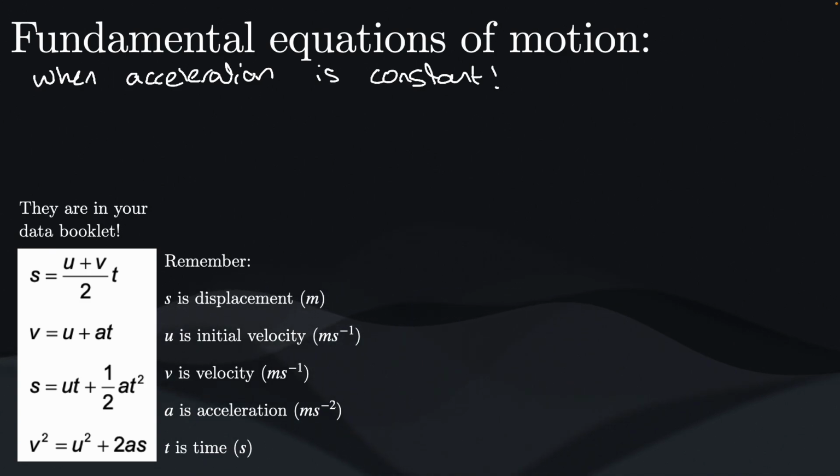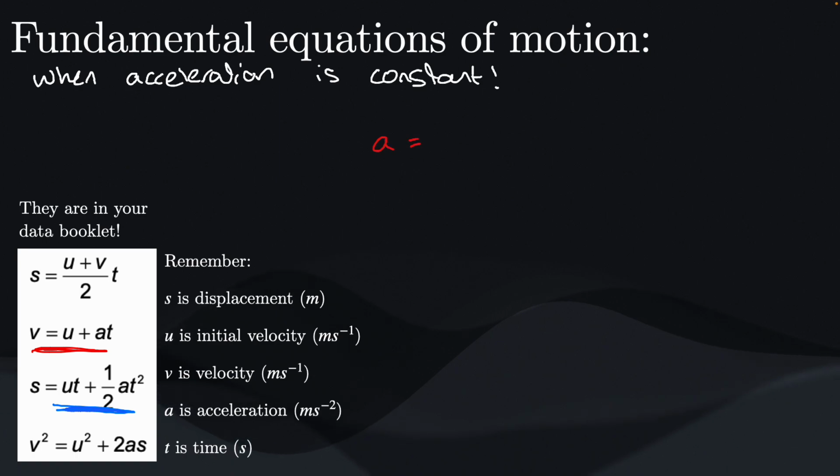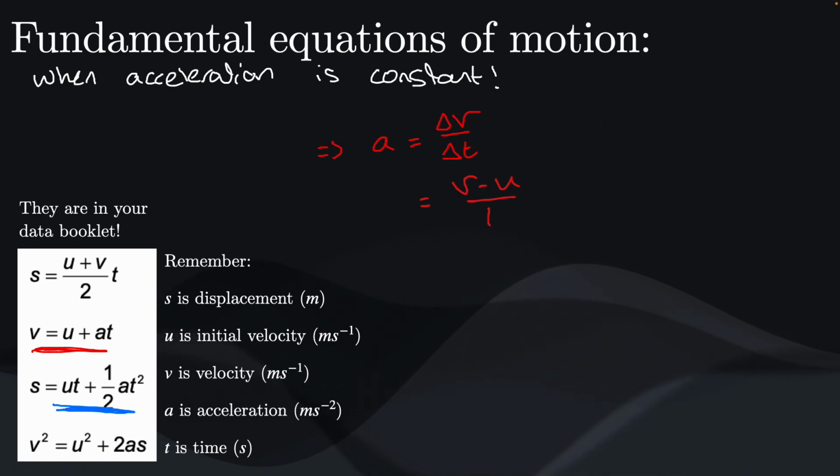So first one, v is equal to u plus at. I'm going to color code this. This one is in red, this one I'll do in blue. We remember acceleration is equal to delta v over delta t. But when it's constant, that means it can be given by v minus u over t, the final velocity minus the initial velocity divided by the time.